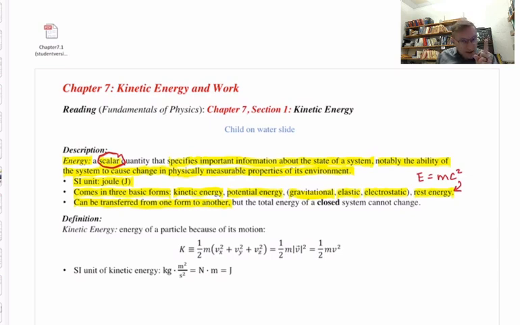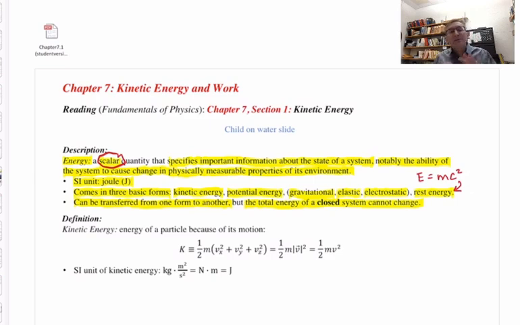We can't prove this next statement, but we have never found an experimental or observational violation of it. And this observation is, the total energy of a closed system cannot change. Closed means closed from outside influences, separated from the outside world. If a system is closed, then the total energy of that system can never change. That is an experimental fact that we have observed to be true.